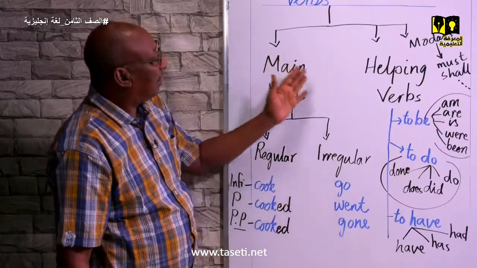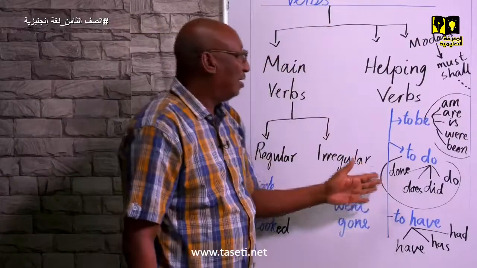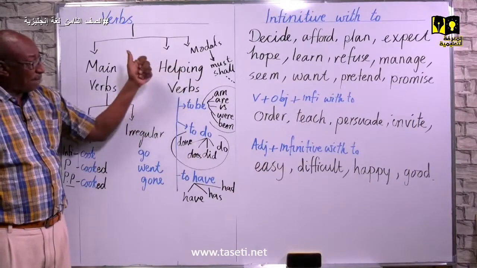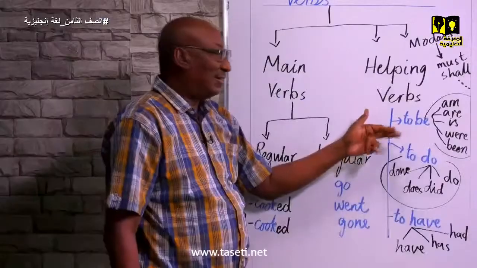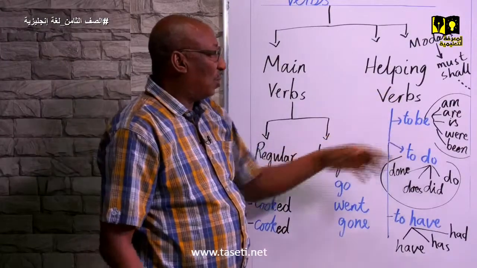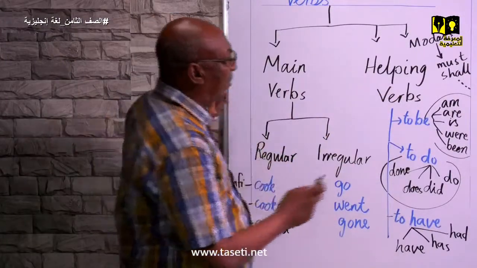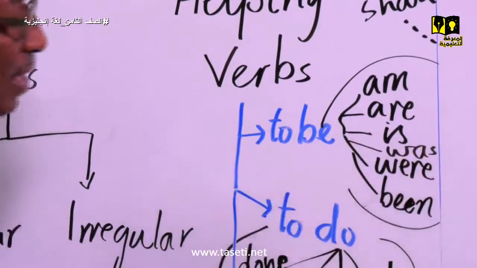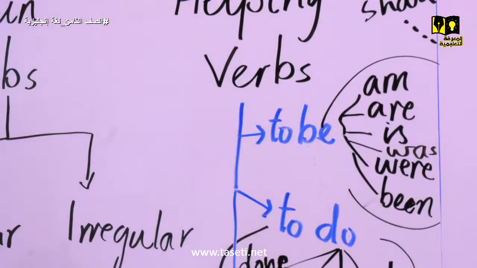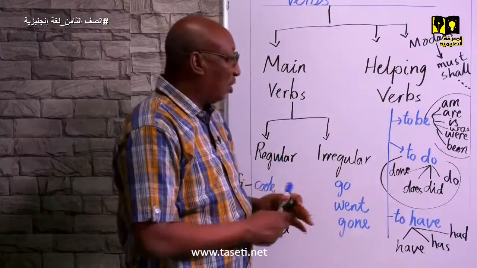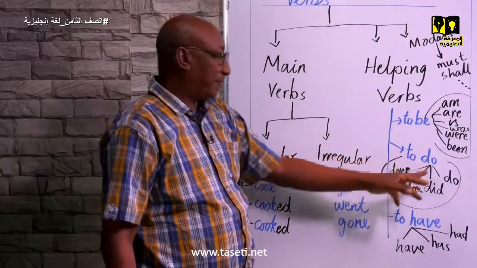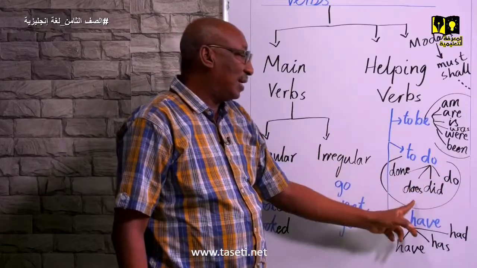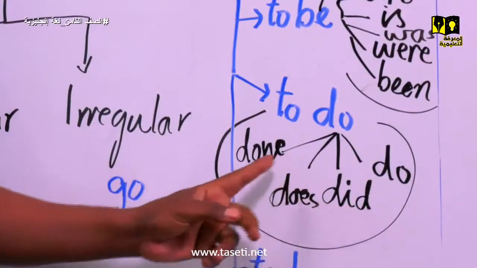And the helping verbs, right? We have the verb to be, in which you find am, are, is. And the past is was, were, and been. Also, we have was here. You see? And also in the helping verbs or auxiliary verbs, we have the verb to do. In the verb to do, we get do, does, did, and done.